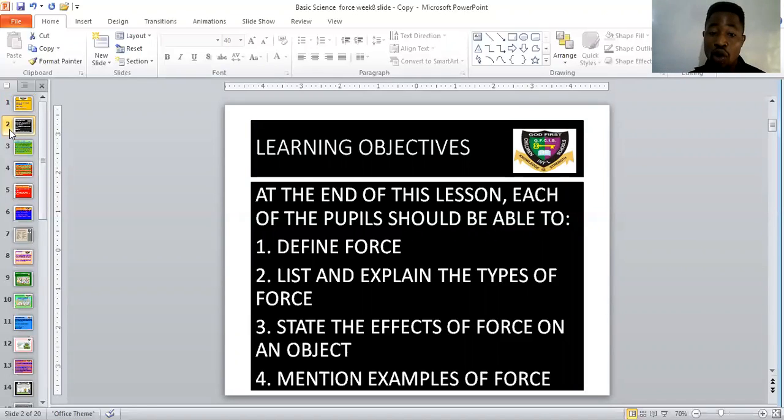Second, you should be able to list and explain the types of force. And thirdly, you should be able to state the effect of force on an object. You should be able to state what force does to an object. And lastly, you should be able to mention examples of force.